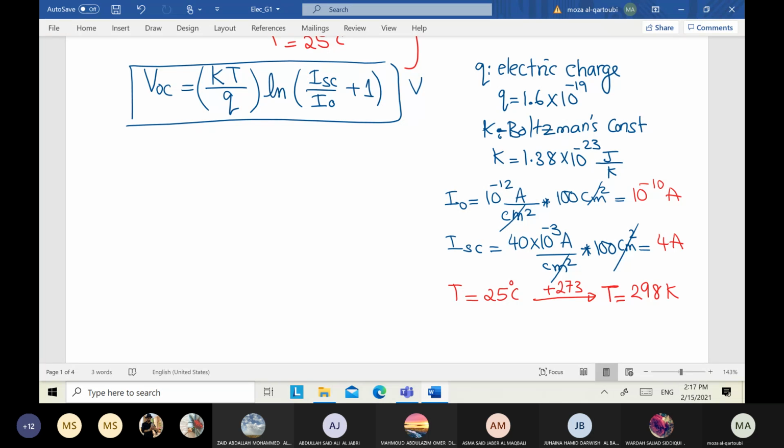Okay. So now we can substitute in the given rule, for the first case, when given 100% of sunlight.